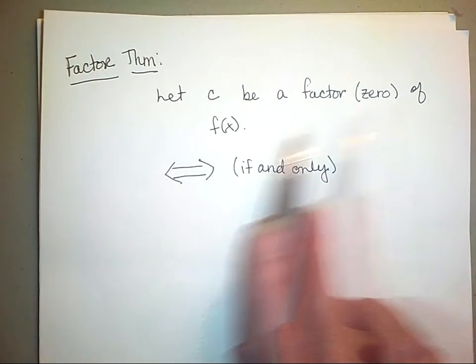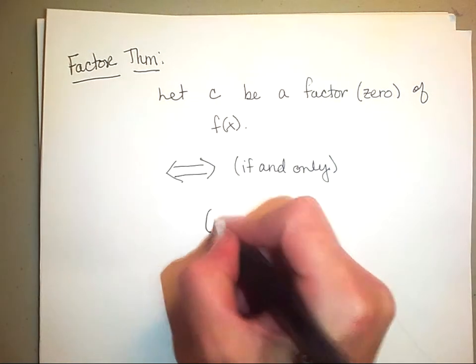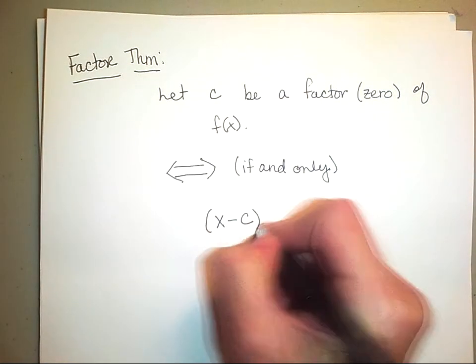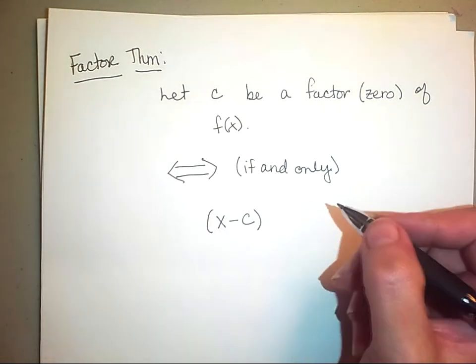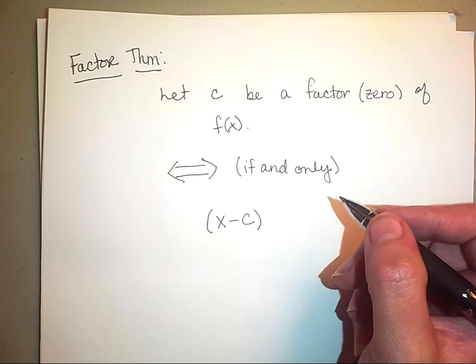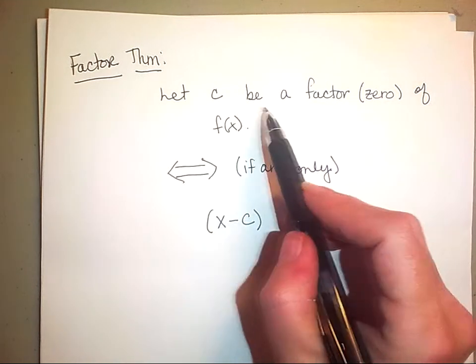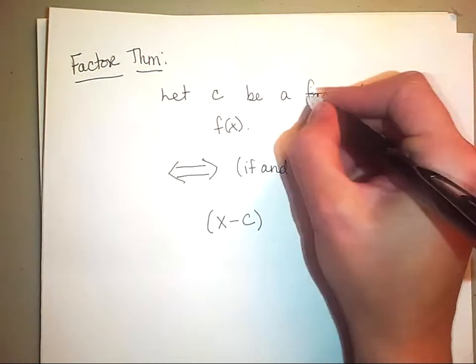Let c be a factor or a zero of a function. Okay. Then x minus c, let's see. I'm sorry. This shouldn't say factor.